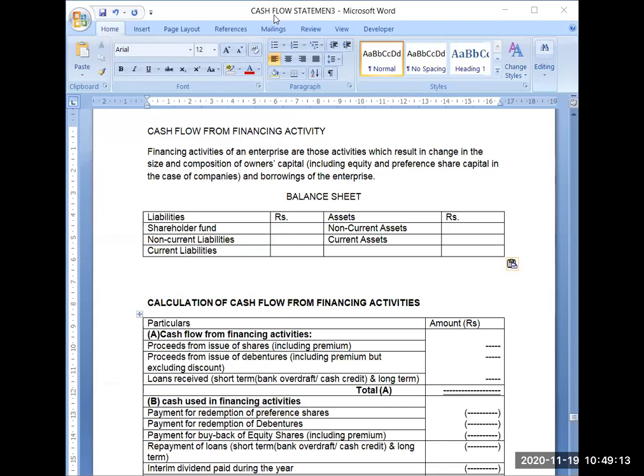So for that reason, shareholder fund means equity share capital, preference share capital, and if you are collecting any premium on these shares, or if you are giving any premium on the redemption of preference shares, these all will be part of your financing activity.